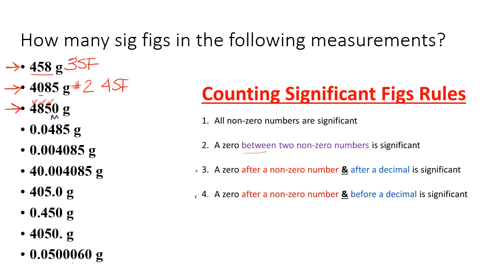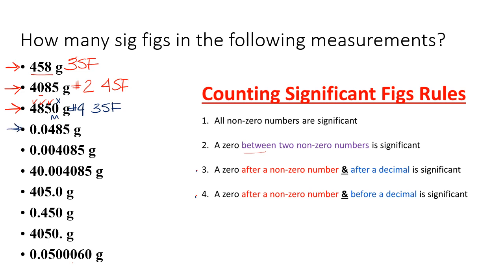Okay, so now let's read the qualifier. In number 3, is it after a decimal? No, it's not after a decimal. Well, is it before a decimal? There is no decimal written, so it is not significant. So there are 3 sig figs here. And that's according to rule 4. You don't have to write the rule numbers.